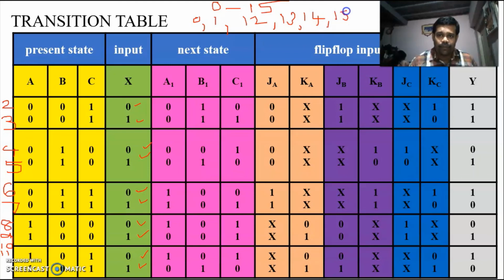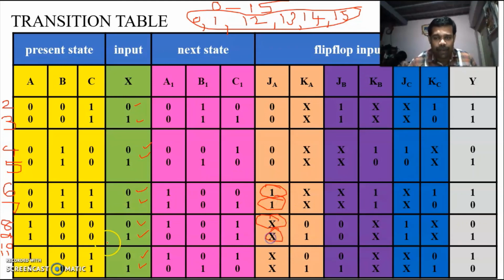So if you put don't cares in these numbers in the K map, then you can directly do it in one step. Just check the column of J. Wherever you are having 1, you have to plot. Similarly, wherever you are having don't cares, you have to plot. Then in these numbers, that is 0, 1, 12, 13, 14, 15, you have to put don't cares. Then you can do it in one step. So instead of doing it in two steps, you can do it in one step.